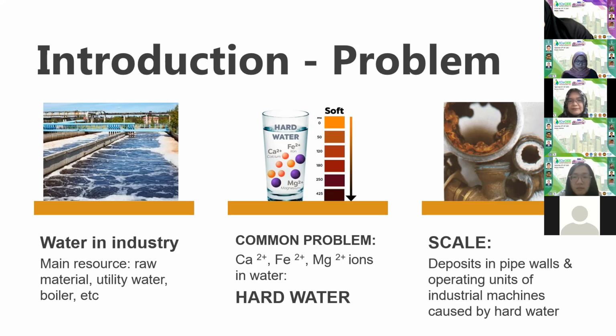And then these cations or ions can deposit on pipe walls and then impact the operating units of industrial machines.